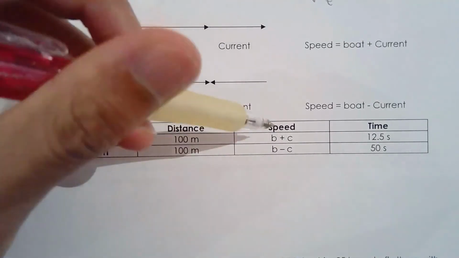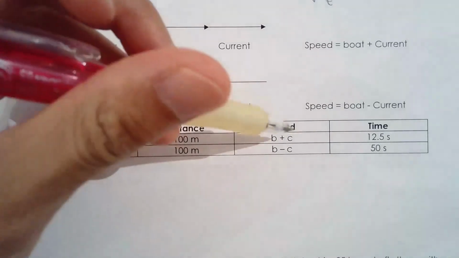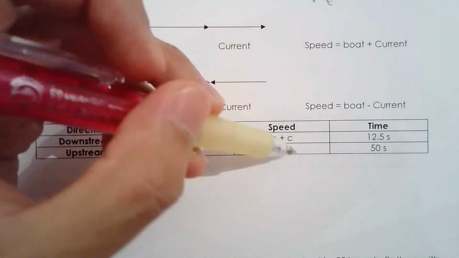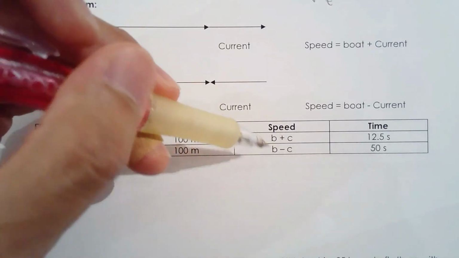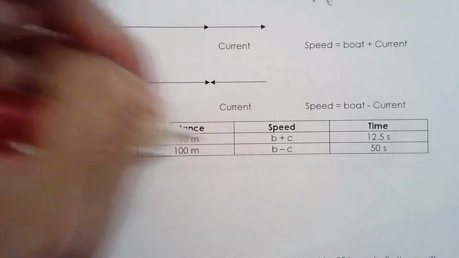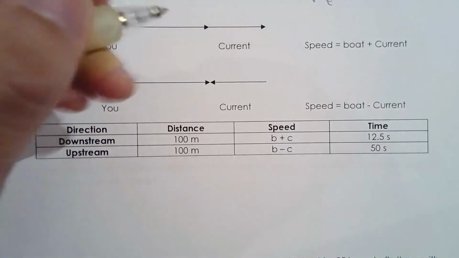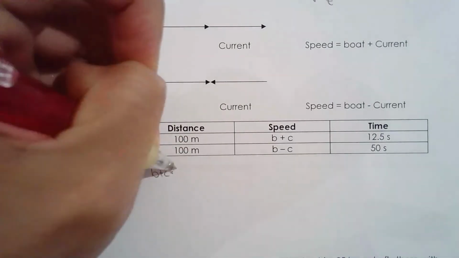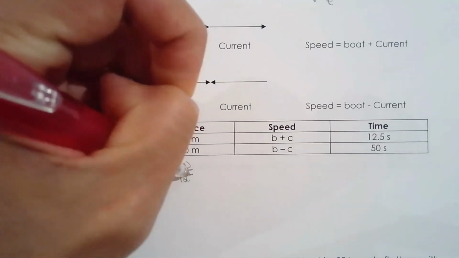When you're going downstream, so with the current, your speed is the boat with the current. You're basically going much faster. And if you're going upstream, you're going a little bit slower because now the speed is the boat subtracted by the speed of the current. So using your speed equals distance over time formula, B plus C is equal to 100 distance over time 12.5.